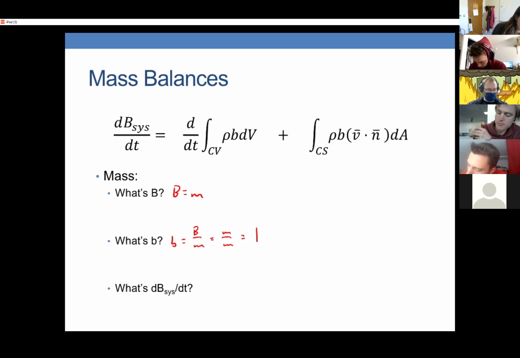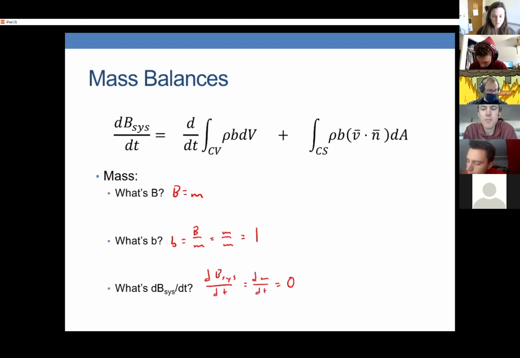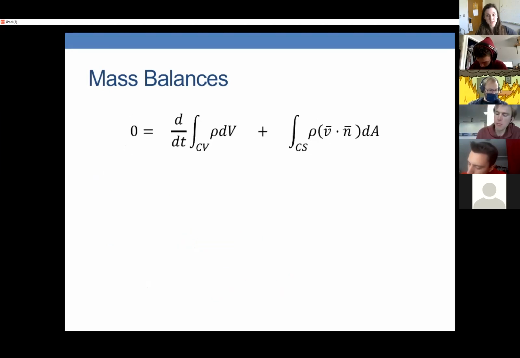That's the conservation of mass for you.